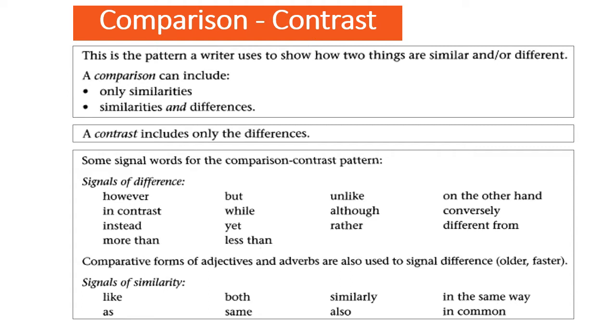So other signals are any comparative forms of adjectives or adverbs, such as older, faster, and so on. While for the signals for similarity, they are like, both, similarly, in the same way as, same, also, and in common.